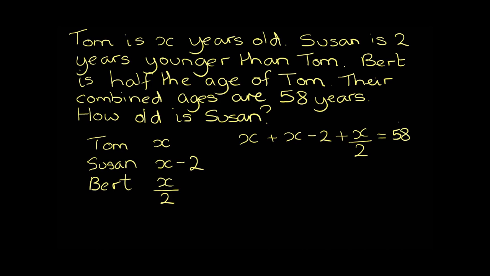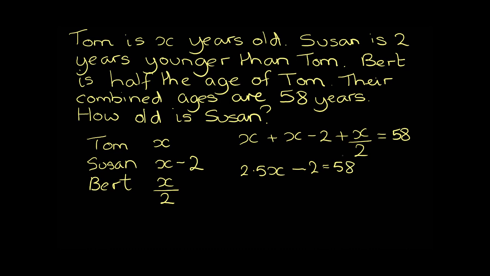So now what we want to do is work through the algebra. So we need to tidy up what we've got. So X plus X is 2X, but then we've also got a half X over on the other side. So altogether we've got 2.5X. Not to forget, we've also got a minus 2 in there. So that equals 58.